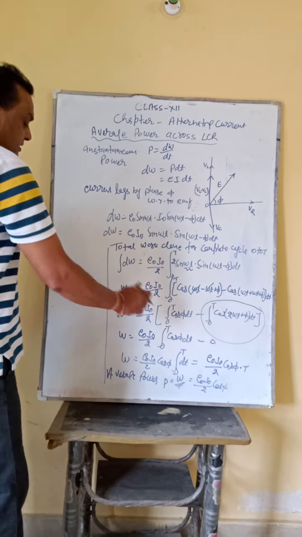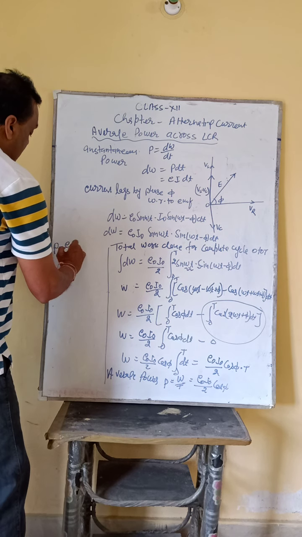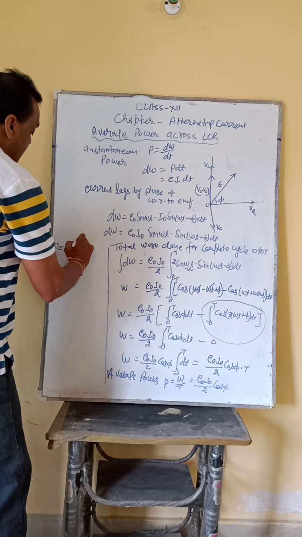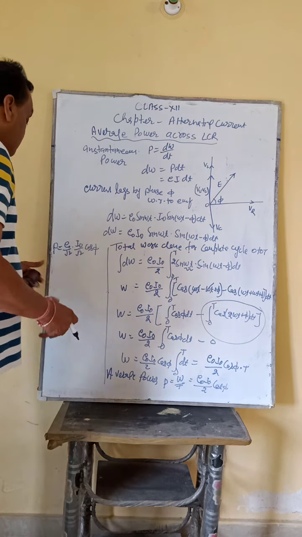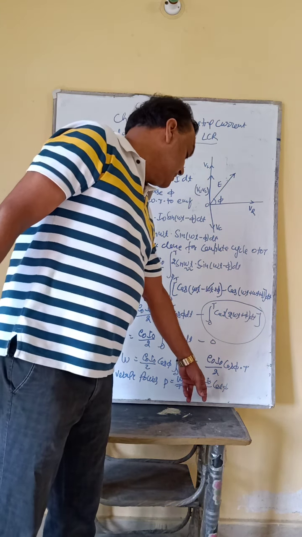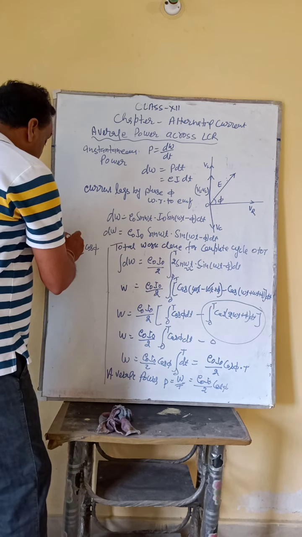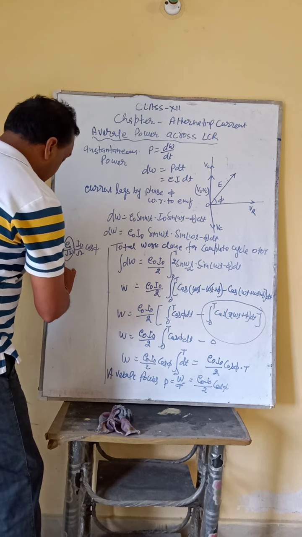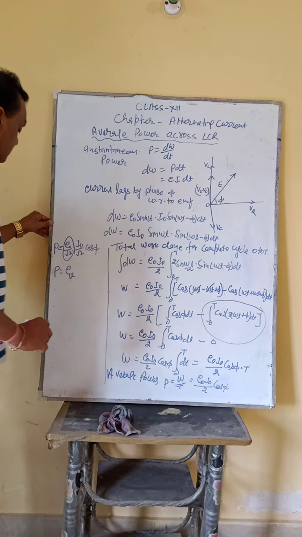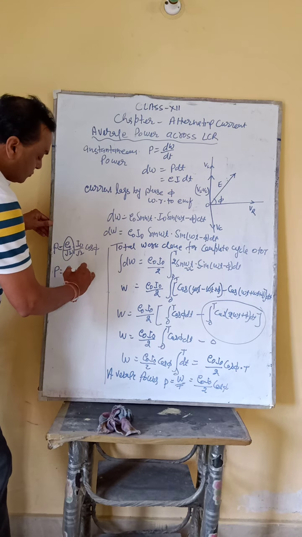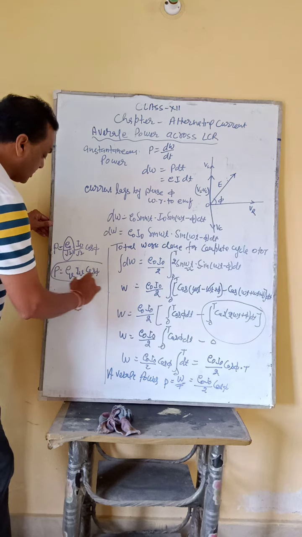Now see, this term you can write as E naught by root 2 times I naught by root 2 cos phi, because the 2 became root 2 into root 2. This is the RMS, so average power is E_rms I_rms cos phi.